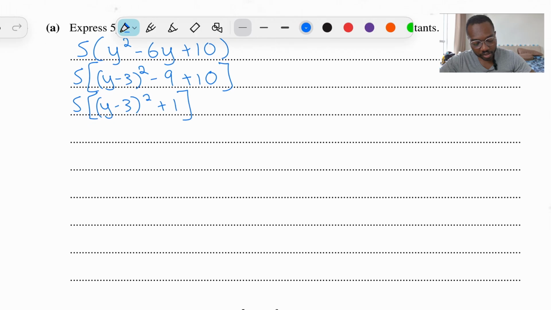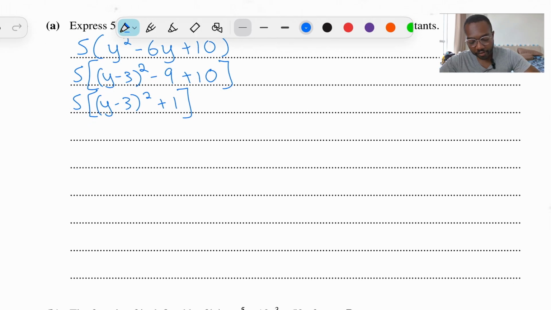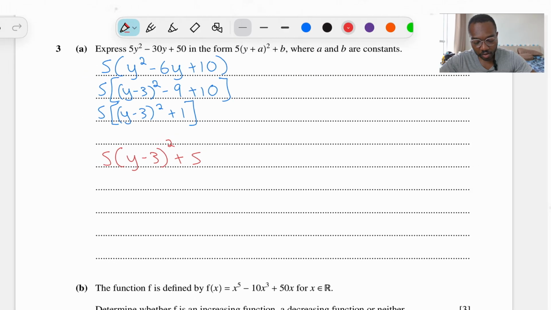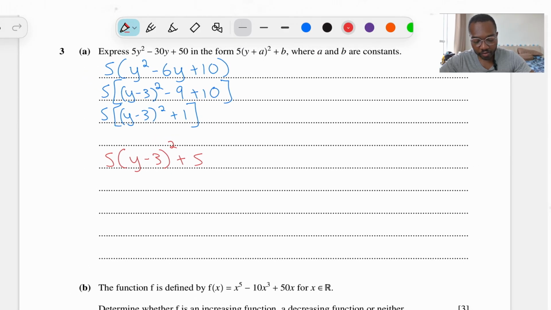And therefore we need to now times everything by 5. If we do that, we'd get 5 y minus 3 squared and then 5 times 1. So we get a plus 5, and therefore we are done, where in this case a would be minus 3 and b would be 5.